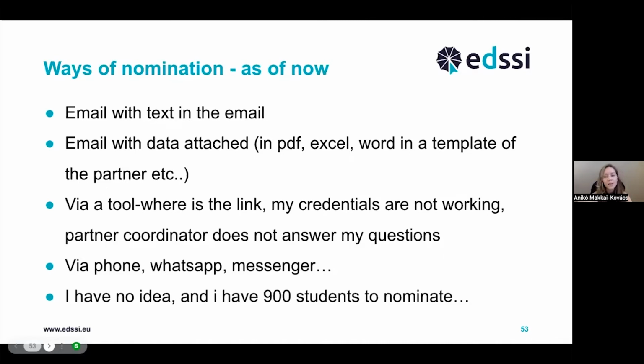Or I am sending an email where I am attaching a PDF, an Excel, a Word template that I previously received from the partner 2 years ago, or whatever I'm attaching. Or there is a tool that the partner is using, so I have to be aware of that and I have to use that tool and send the nomination over there.